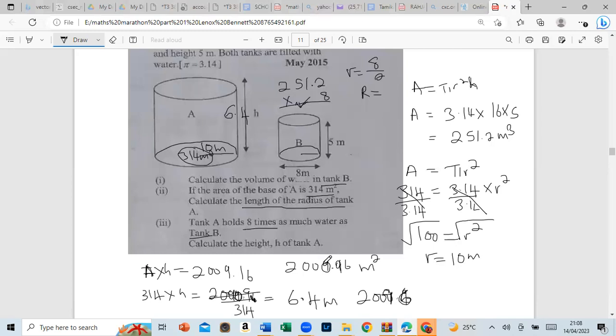Let me just rewrite this better, because I don't want any confusion. So it's 2009.6. All right. So that's the right thing, guys.